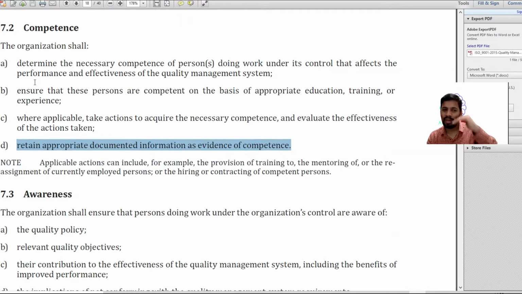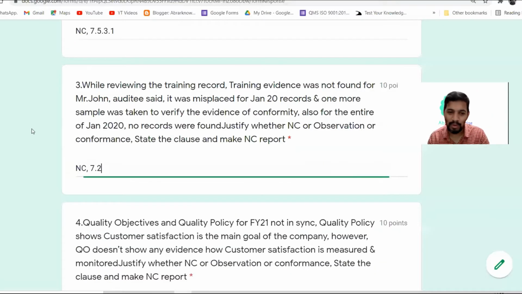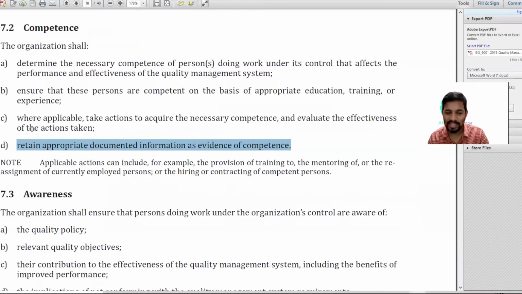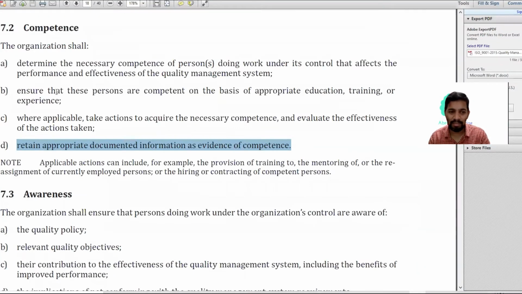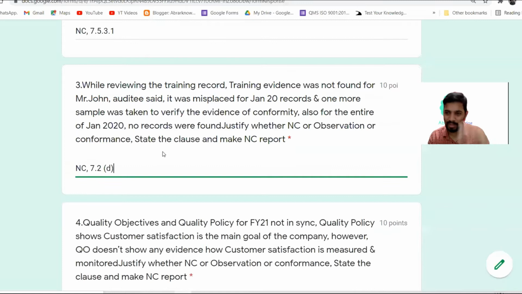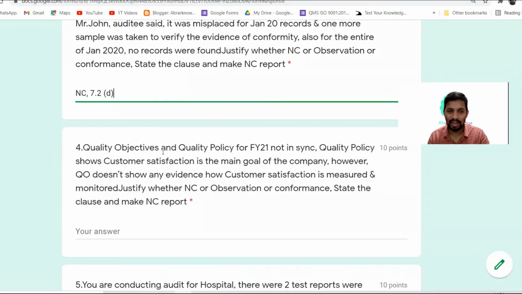In order to set the context, you have to go back to the previous one, right? So I would like to keep 7.2, but the more specific class is 7.2.D. But while giving the NC, because of retain appropriate documented information, the question will come, right? We are talking about the training records, so that's the reason we need to copy the whole standard, the whole class.